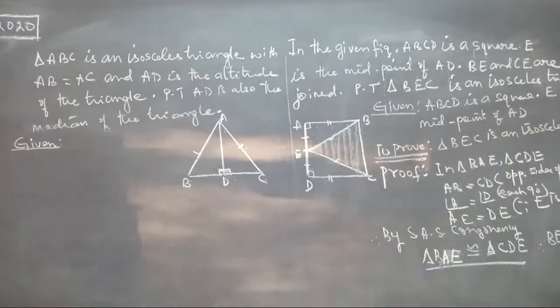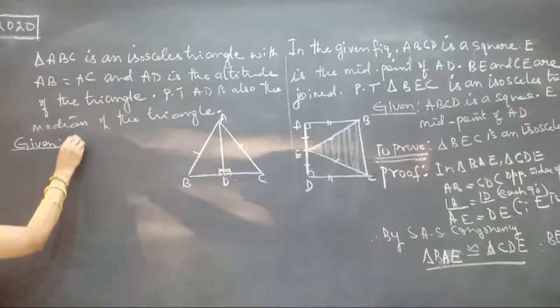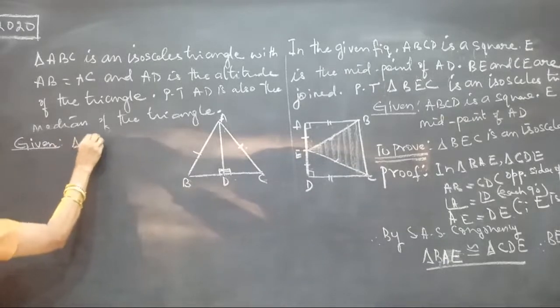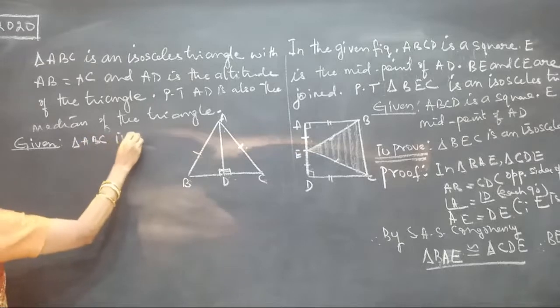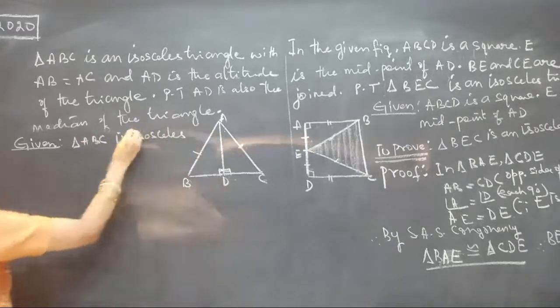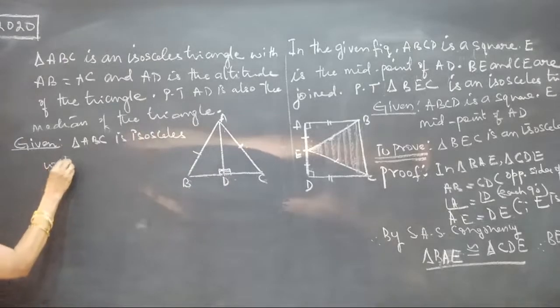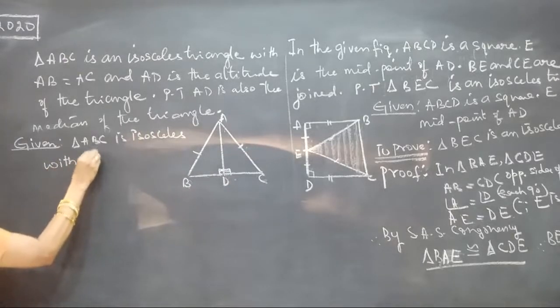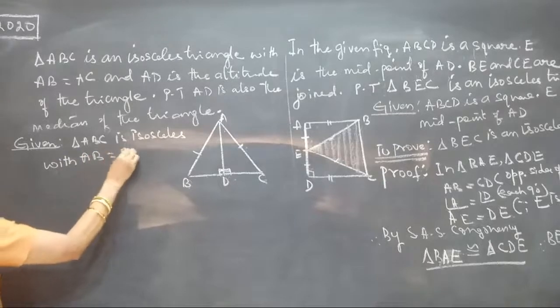Try to write the given part. Given triangle ABC is isosceles with AB equals AC.